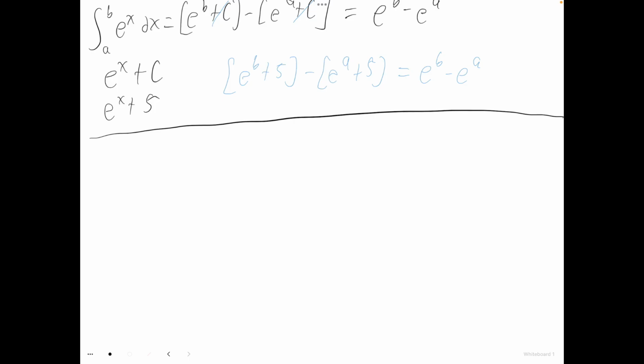So now let's mention the Fundamental Theorem of Calculus kind of in its completion, just so we have it all written down. So the Fundamental Theorem of Calculus says the following.